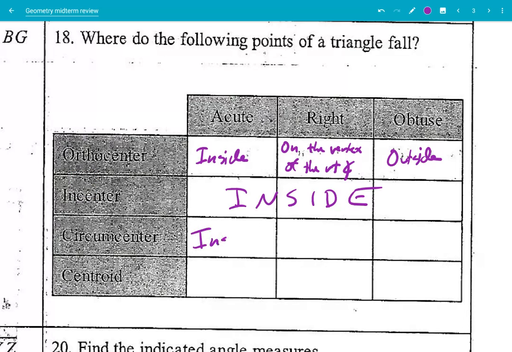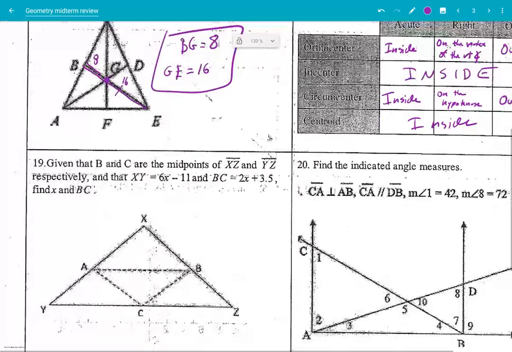For an acute, it's inside, and for an obtuse, it's outside. And for the right angle, this one is on the hypotenuse. The centroid is always inside because it's also the center of gravity, so it's going to be inside the triangle.